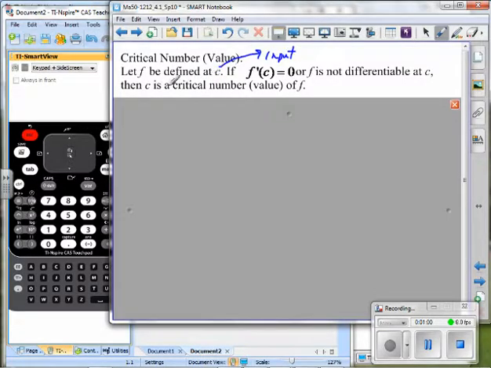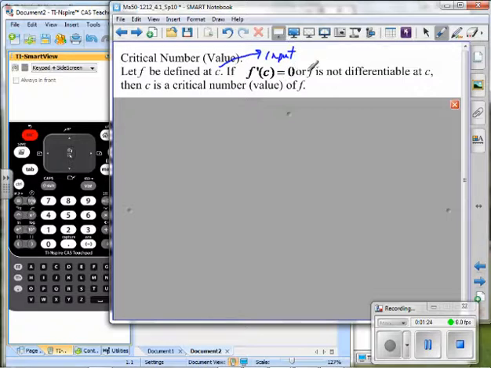C is an input. Let the function, the output values, be defined at some input C. If the derivative at that point, where the input is C, is 0, which tells you what the slope of what kind of a tangent line?